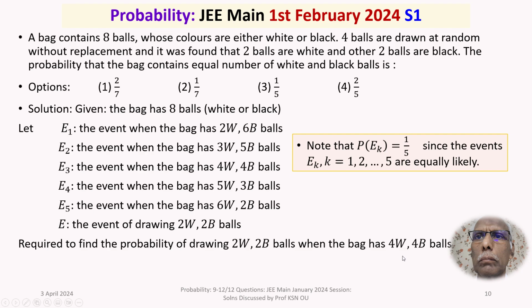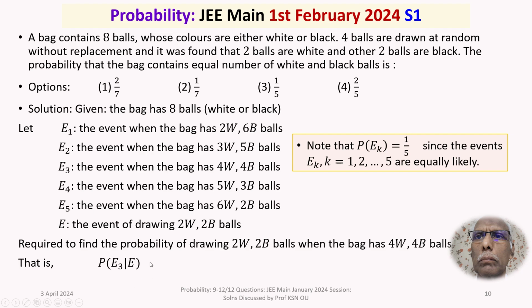Now you identify, so this is the probability of E3 given E, given 2 white and 2 black. So that's the final step, this one.